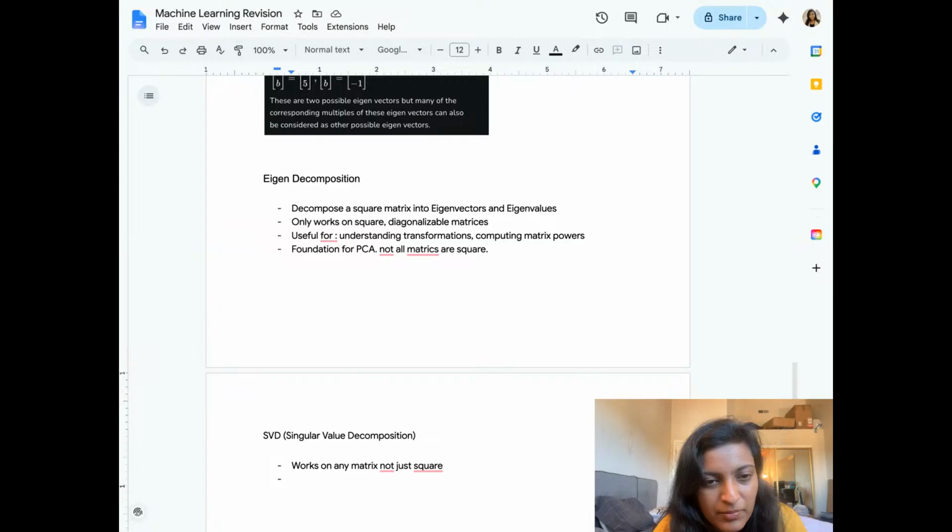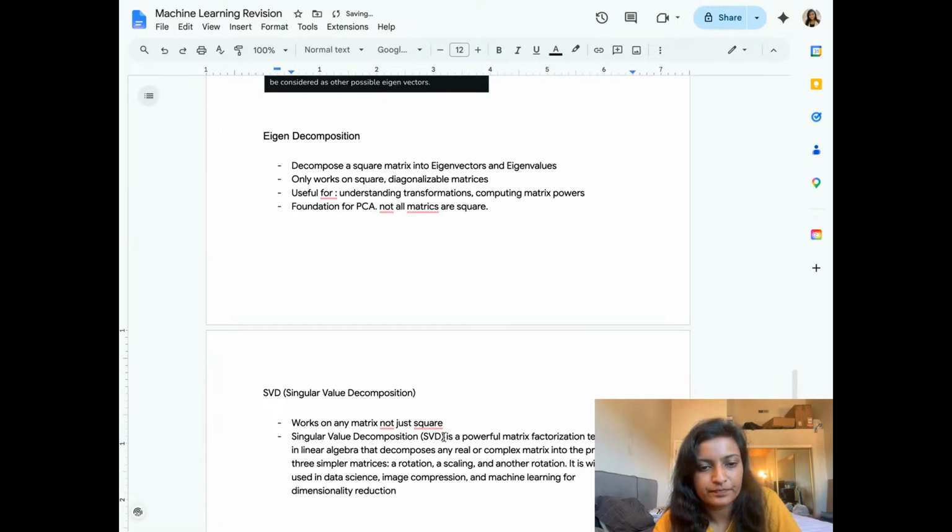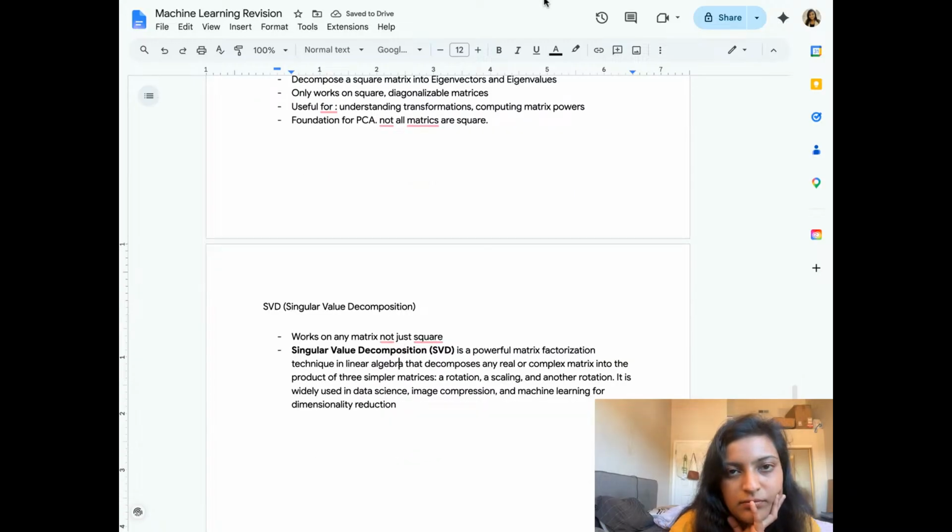SVD is a powerful matrix factorization technique in linear algebra that decomposes any real or complex matrix into three simple matrices. One is rotation, one is scaling, and another is another rotation. It is used in image compression and in machine learning for dimensionality reduction. What else do we have?